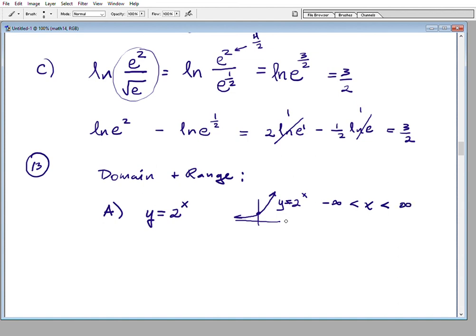and this is above the x-axis. So the range is y greater than 0. There's nothing below here. And let's do y equal log base 2. Again, you should know the basic graph. It's the reflection of this through the diagonal. Okay, so this is 0, 1. So this one goes through 1, 0.